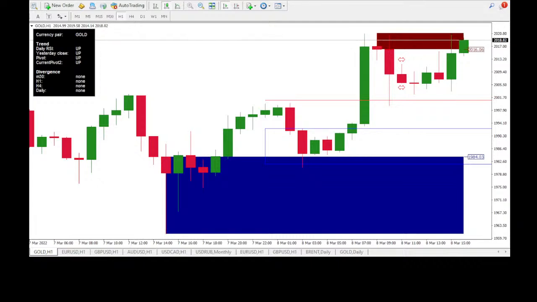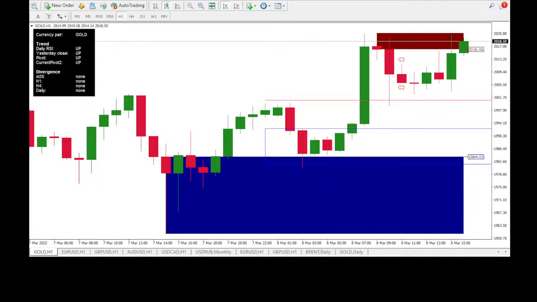This blue rectangle, we use pivot points to calculate, and we use some volatility levels to create that area, and usually that area shows what's happening with price. For example, right now we saw that in the beginning of the trading day price entered into the blue rectangle and then went up, and right now we are in a bullish trend for gold.